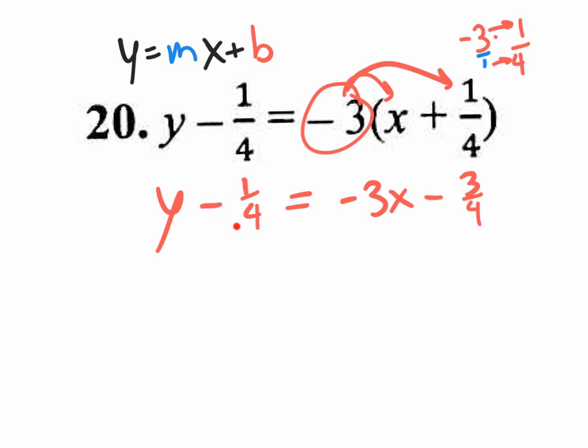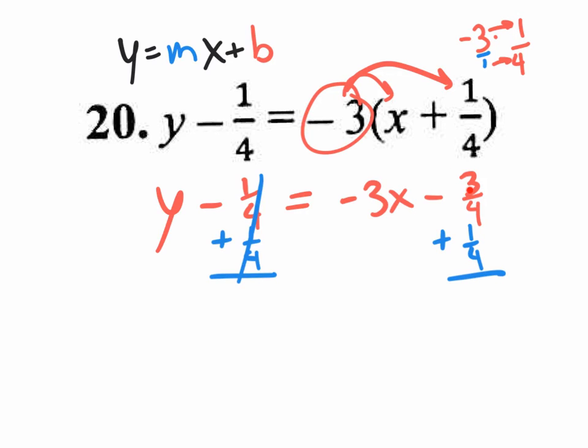I don't want this minus 1/4. Now, if I had a minus 1/4 here and let's say a positive 3/5 over here, I would get rid of fractions because they'd be different denominators. But the denominators are the same, which means that if I add 1/4 here, it'll cancel out. And what I do to one side, I need to do to the other side. So this is really a simple math problem because you have the same denominator, 4.